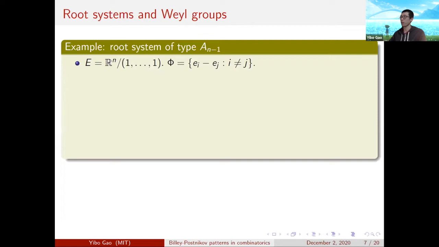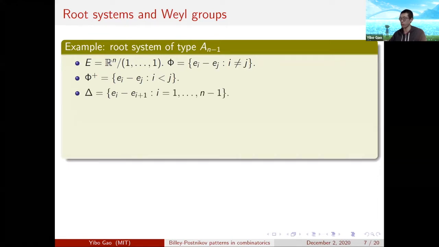All right, so here's an example of type A sub n minus 1. So my root system is given by all the e_i minus e_j, where e_i is the standard coordinate vector. And I can choose a generic hyperplane, and that will give me the positive roots e_i minus e_j, where i is less than j, and correspondingly, I'll have a set of simple roots consisting of all the e_i minus e_{i+1}.